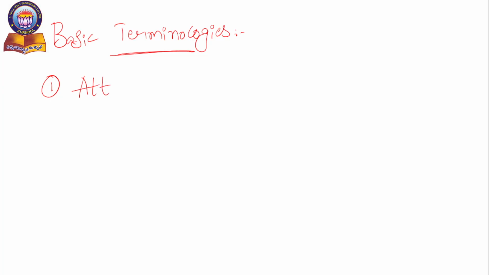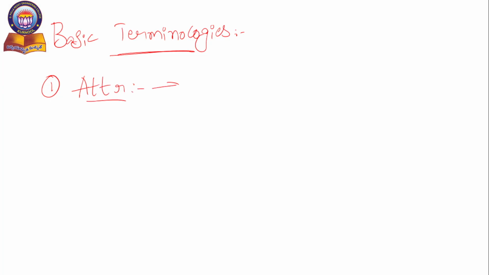Next, basic terminologies. In the ER model, what types are there? Entities, attributes, and relationships. Coming to the relational model, the first basic terminology is the attribute.